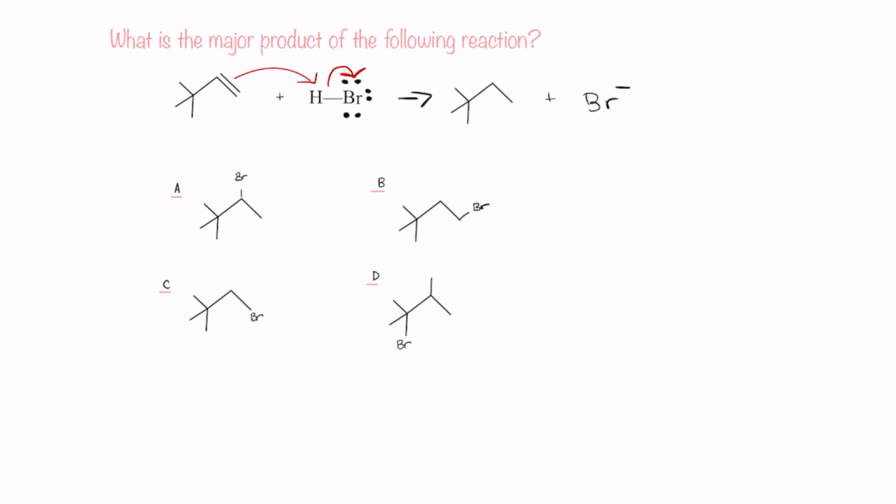If we put the positive charge here, that would give rise to a primary carbocation since this carbon only has 1 alkyl group. And if we put the positive charge here, that would give rise to a secondary carbocation since this has 2 alkyl groups. So we can go ahead and put that positive charge over here. And so this carbocation has 2 groups here, and therefore it is secondary.